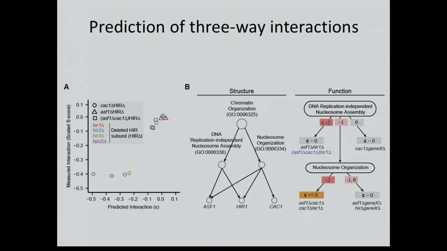Essentially, all of these genes fall under chromatin organization. All three of them are ascribed to nucleosome organization, but only two of them to DNA replication-independent nucleosome assembly. And so what basically happens is, if you hit DNA replication-independent nucleosome assembly twice, then essentially that cripples the cell so bad you can't observe any more phenotypes, and so there's no interaction prediction.